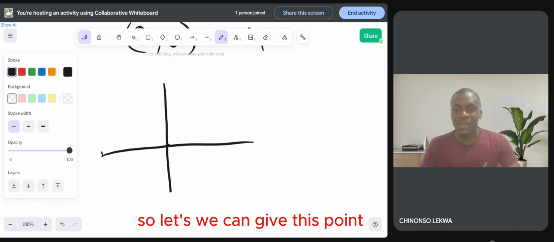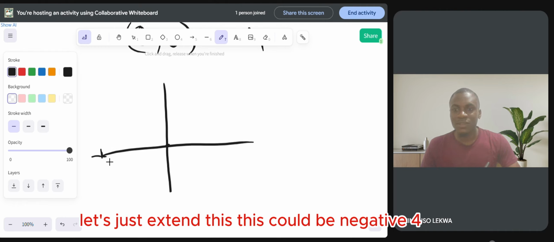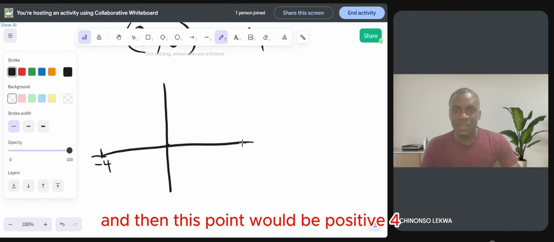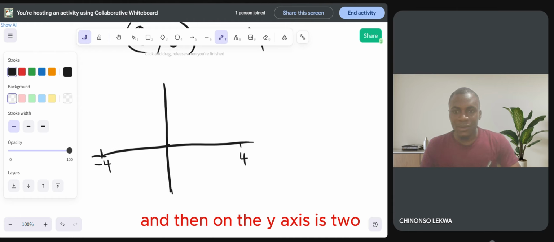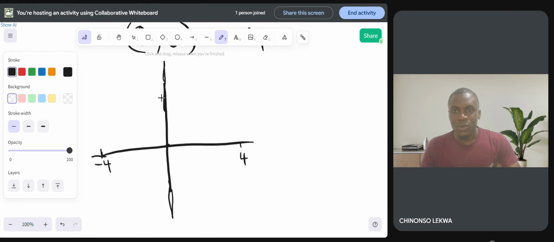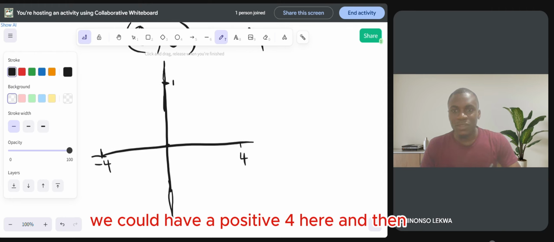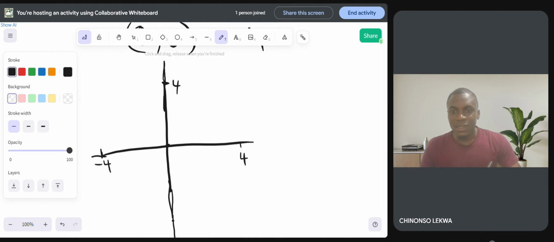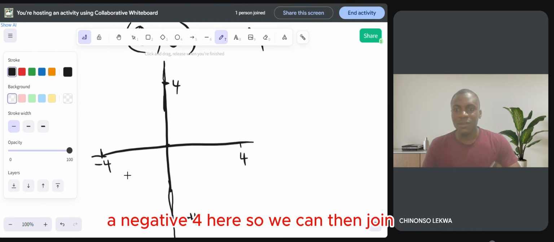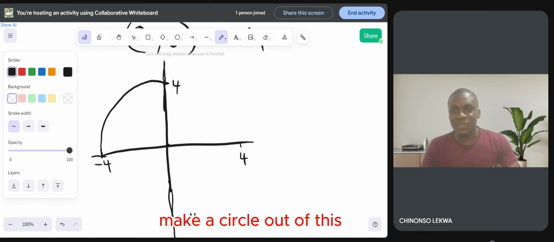So we can extend this: this could be negative 4, and this point would be positive 4. And then on the y-axis too, we could have a positive 4 here, and a negative 4 here.